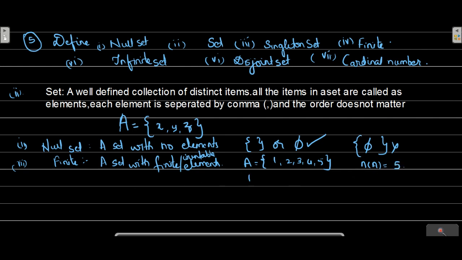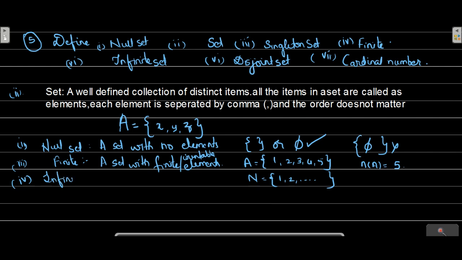Suppose I take another set, N equals the set of natural numbers, 1, 2, 3, 4, and so on. We don't know where it ends. So these types of sets are called infinite sets.